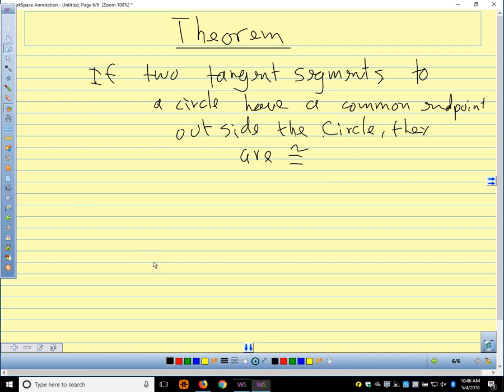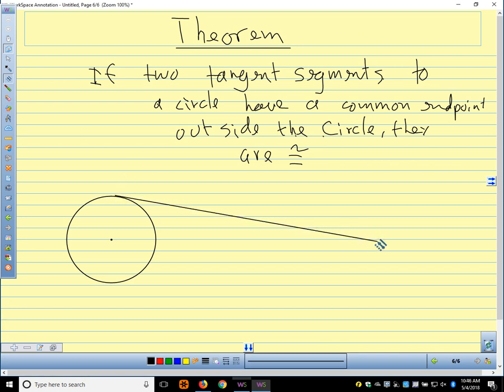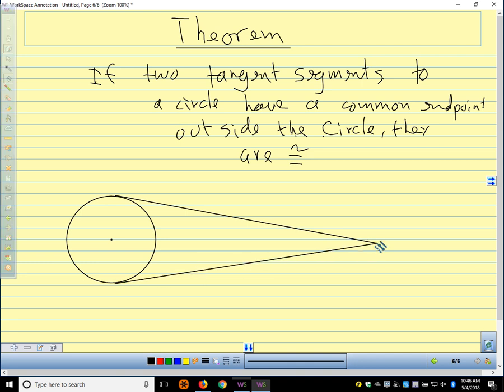So our picture for this, we have a circle, we have two tangent segments, like so. This is like the other example that we looked at, but this one doesn't have to do with angles. So there are tangent segments, there are points of tangency.